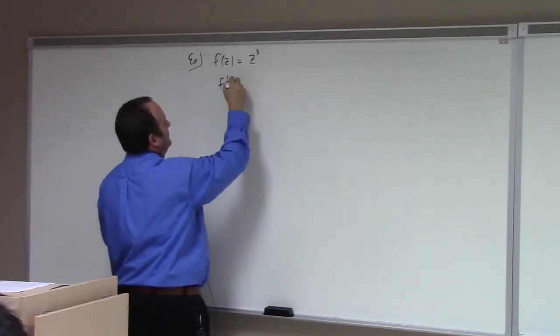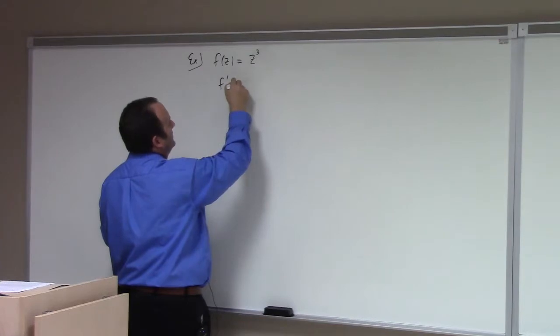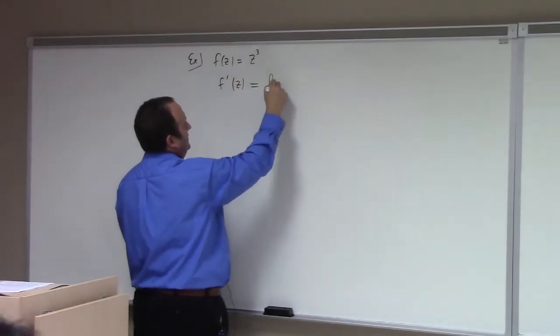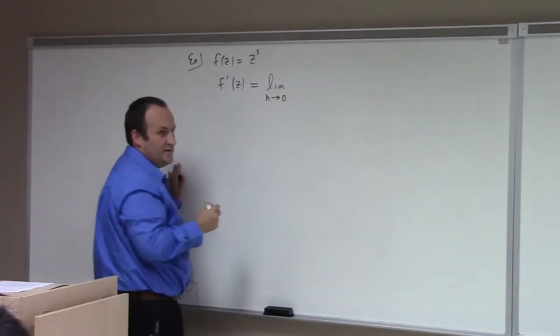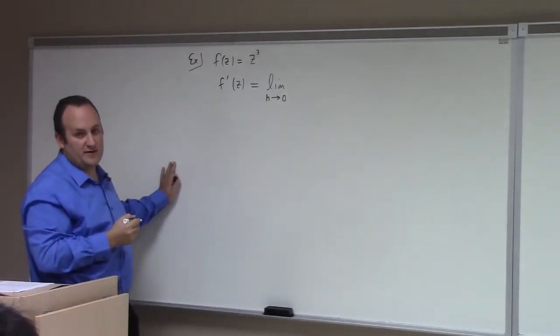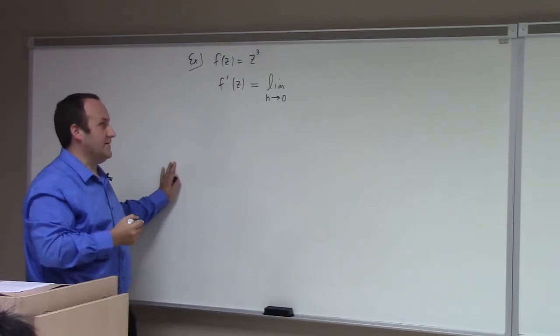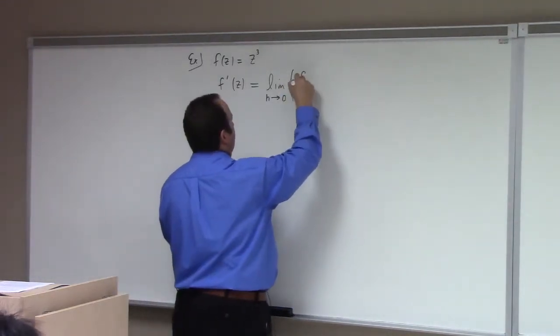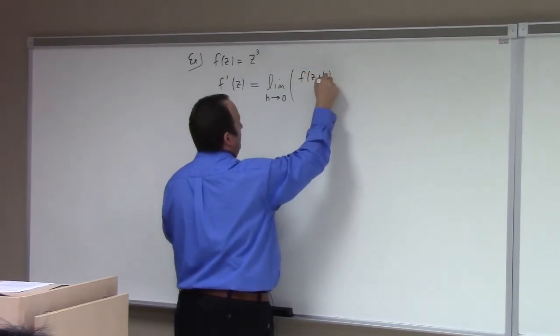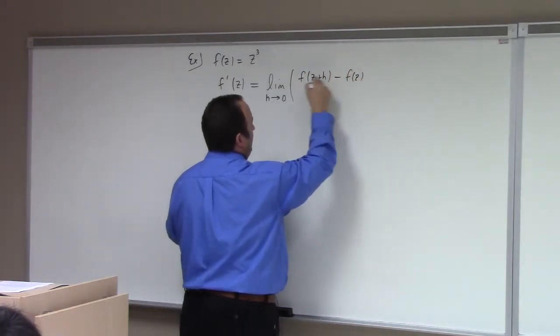Let's see here. f prime of z is, by the definition given in problem 21, also known as the standard definition of differentiability of a complex function. You just take the limit of the difference quotient, which we can write as f of z plus h minus f of z, divided by h, right?